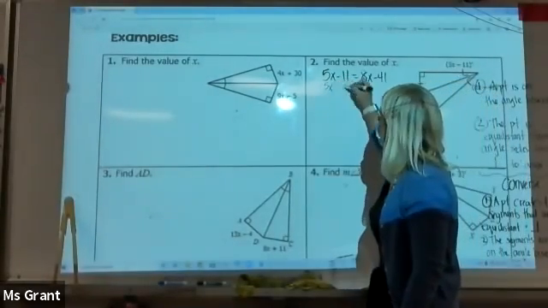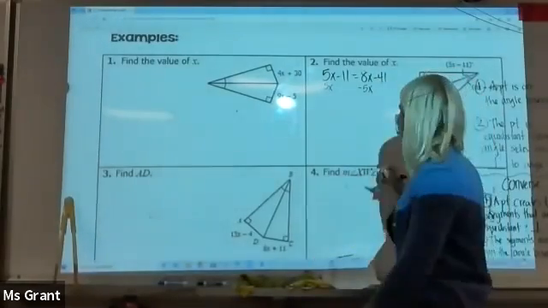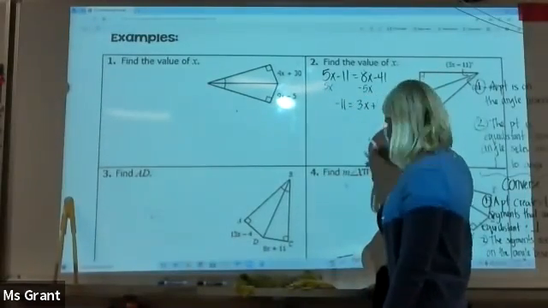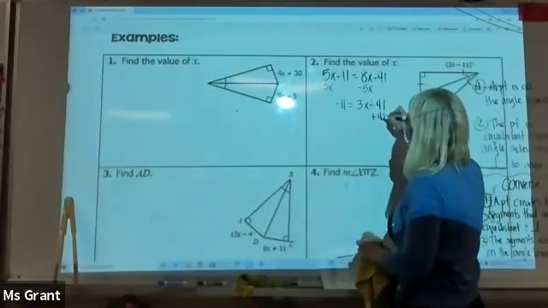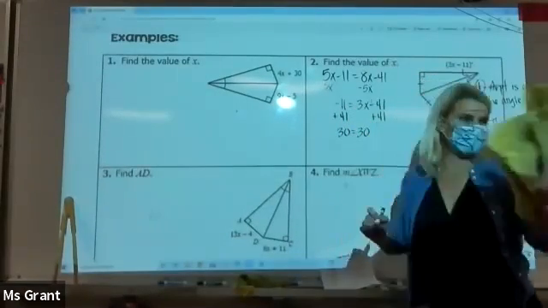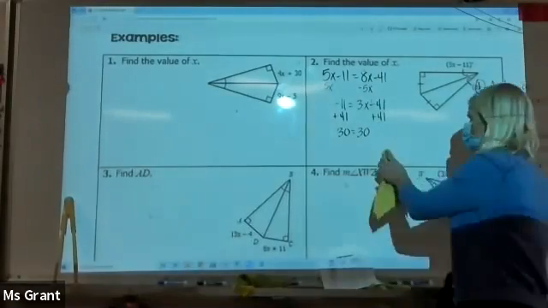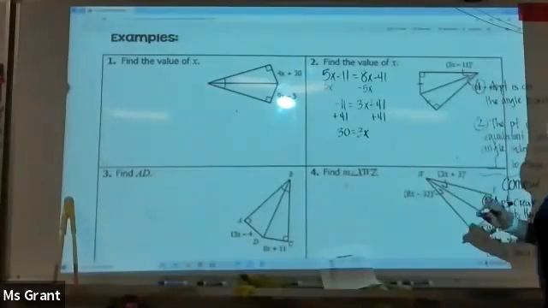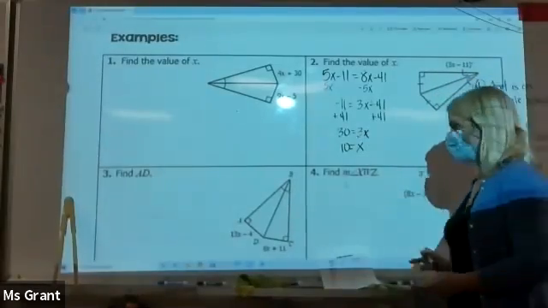So I'm going to move this 5x over so that I don't have to worry about a negative. Minus 41, but then I add 41. Negative 11 plus 41 is positive 30. 30 equals 3x. All I had to do was find the value of x. No problem.